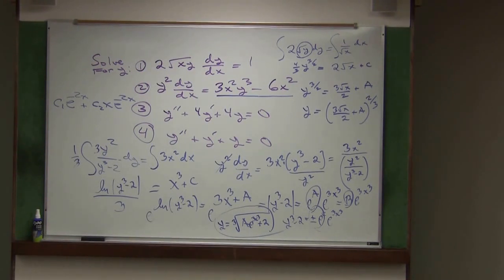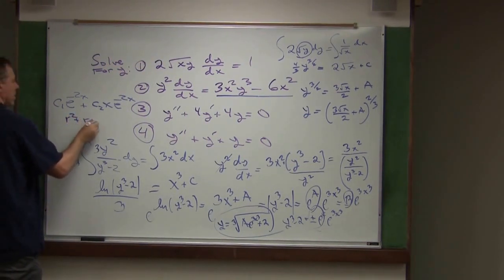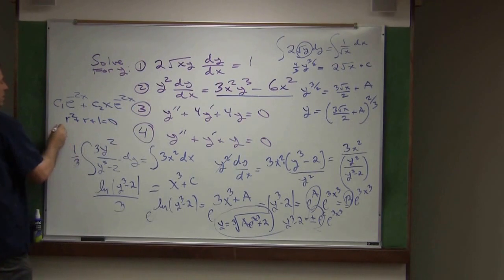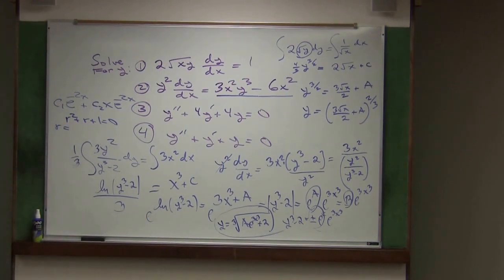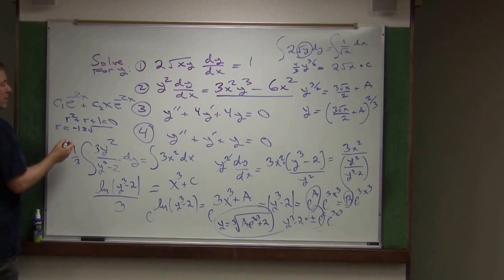And if you solve this one, what's your complex root? So r squared plus r plus 1 equals 0. What's r? Minus 1 plus minus square root of, what am I going to get?